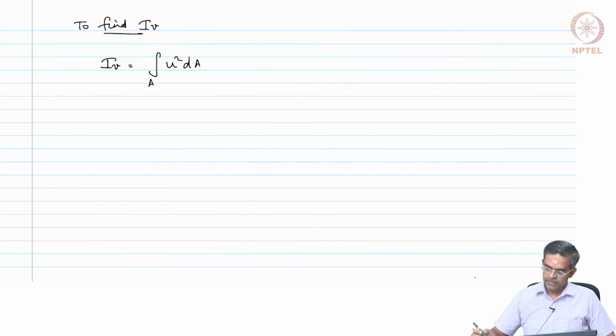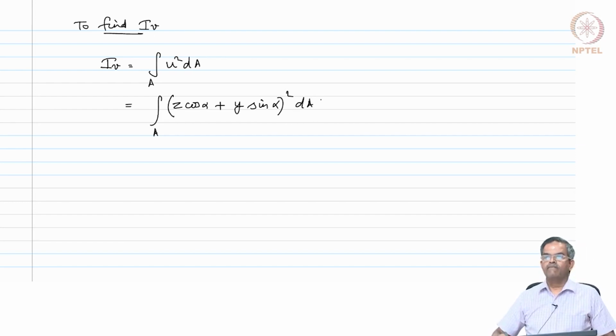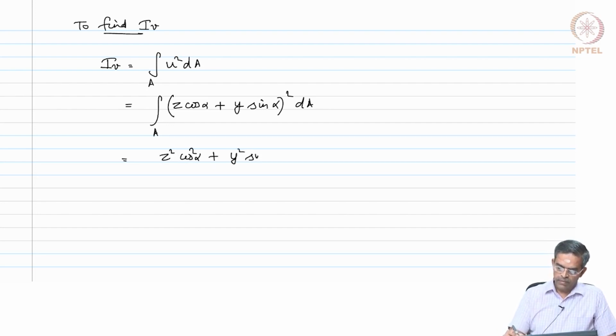Let us substitute it here, which is going to be equal to integral for the whole area of (Z cos alpha plus y sin alpha) the whole square dA. Let us expand this, which will be Z square cos square alpha plus y square sin square alpha plus 2 zy sin alpha cos alpha dA integrated over the whole area.